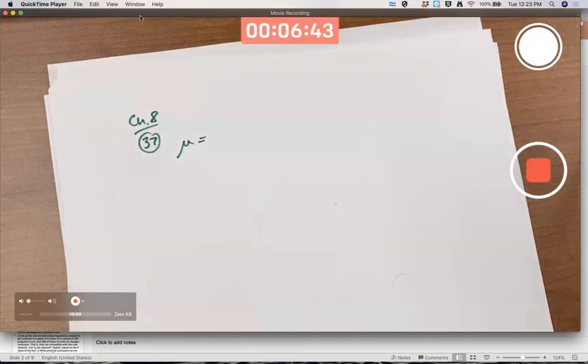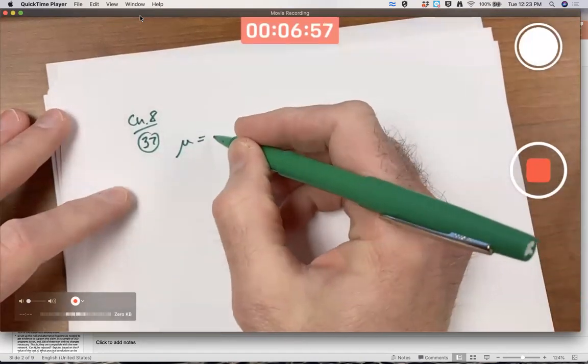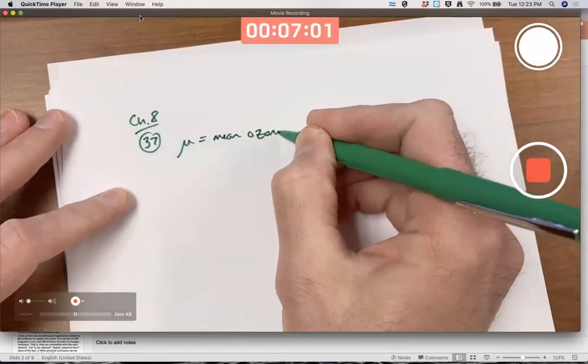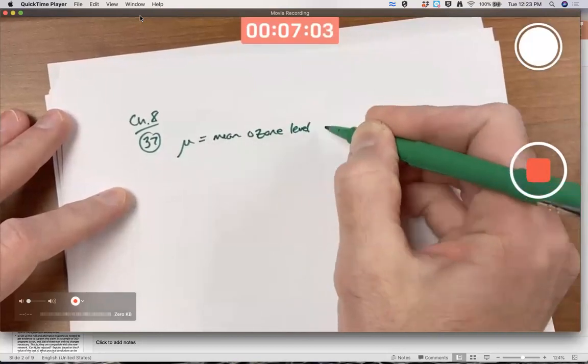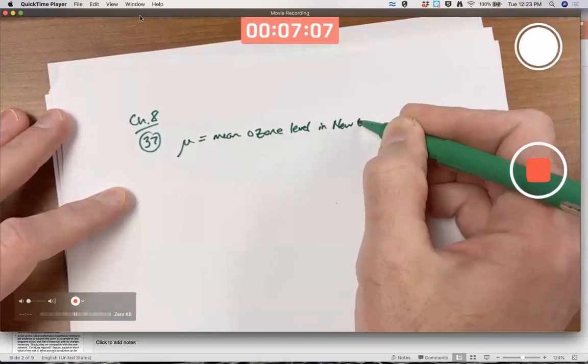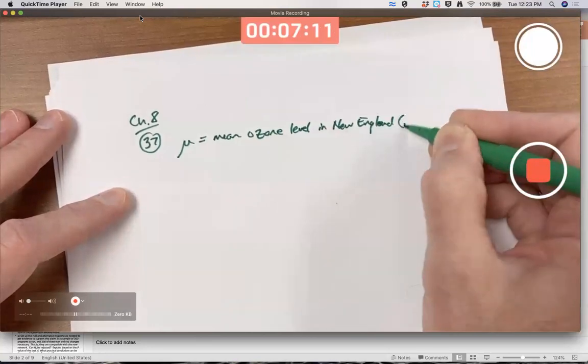You'd like to do inference based on a random sample. You'd like to say something about it. In this case, perhaps reject a null hypothesis or fail to reject the null hypothesis. This would be the mean ozone level in New England, in parts per million, ppm.